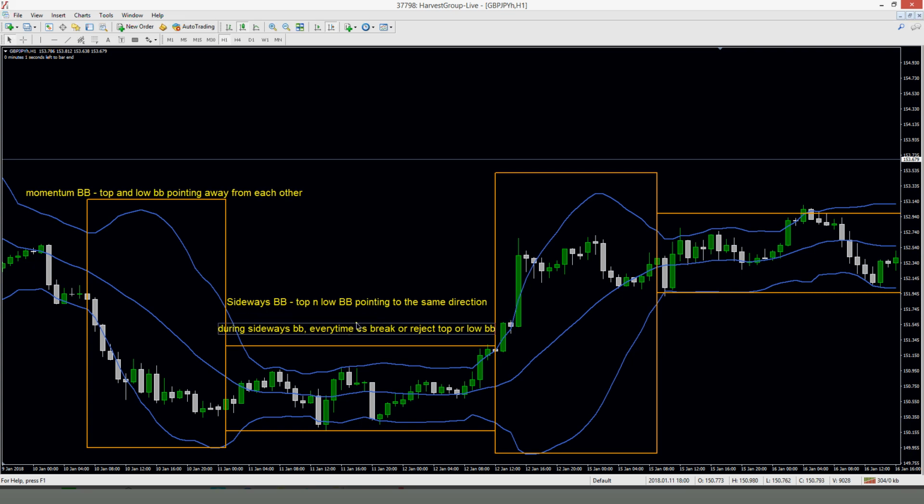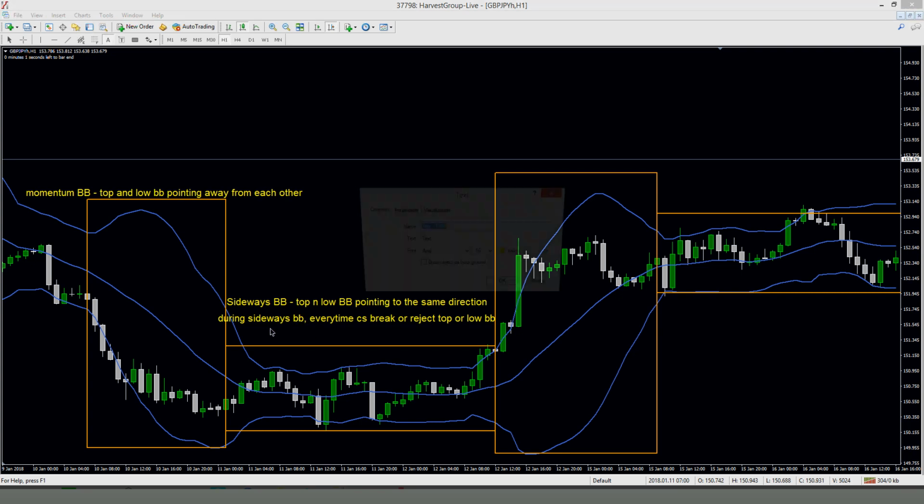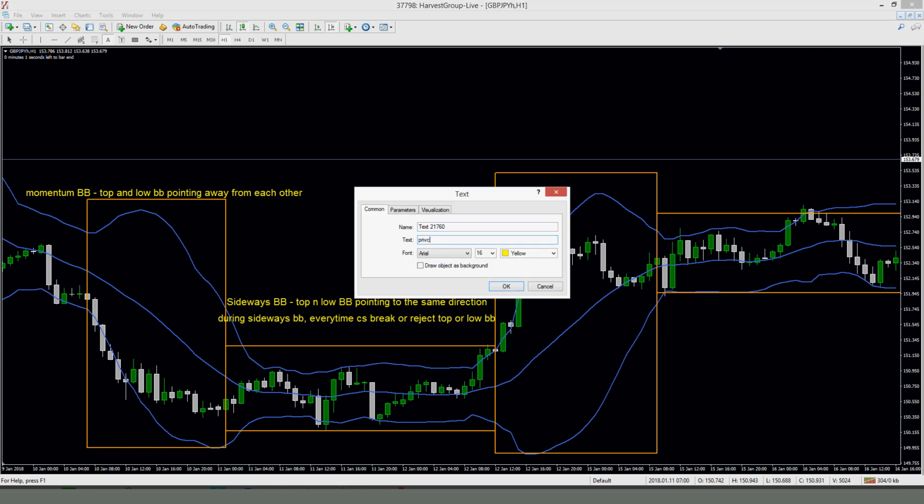So during sideways BB, every time CS breaks or rejects top or low BB, the price will return to middle BB.